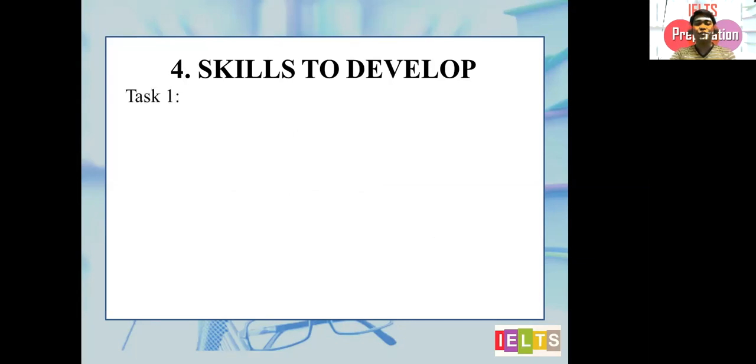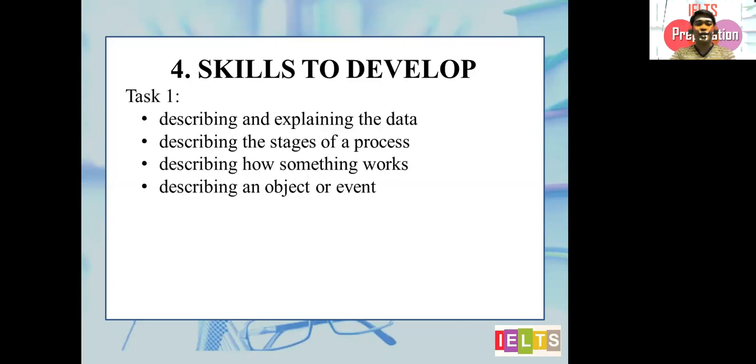And number 4, what are the skills to develop? In task 1: describing and explaining the data, describing the stages of a process, describing how something works, and describing an object or event. If you notice, all these say describing. So task 1 is not about your personal thoughts, it's not about your own opinion. It's about what the graph says, what the data say.